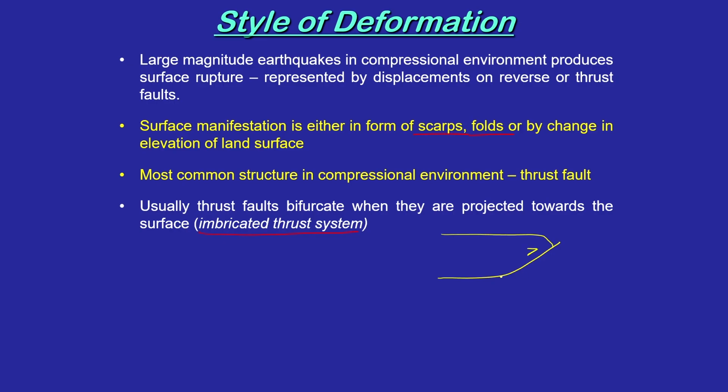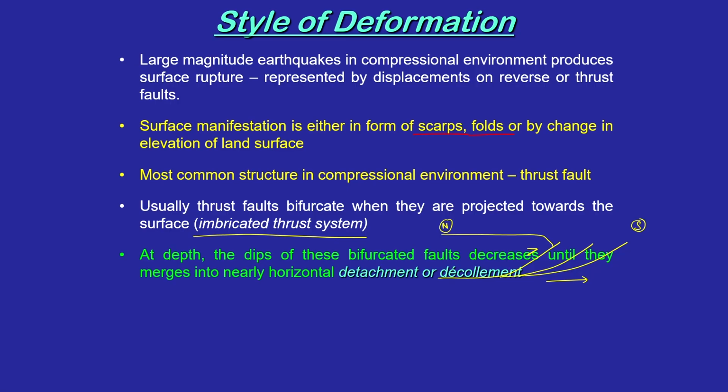It may propagate further. If we say this is north and this is south, then we are looking at the south propagation of these faults. So, these are termed as imbricated fault or thrust system. Further, what we see is that at depth, the depth of these bifurcated faults decreases. For example, if we have the fault here, then it goes down.